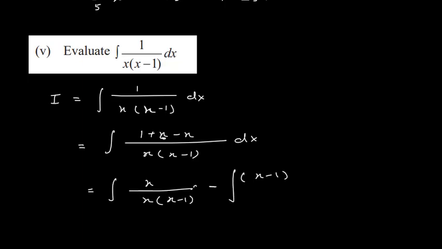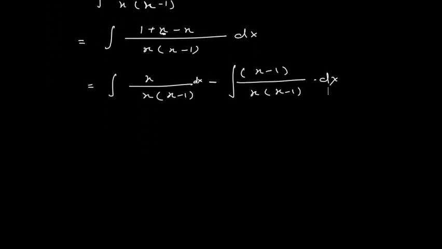So here write dx, x minus 1 upon x into x minus 1 into dx. Okay. Now see, this x and this x you can cancel. So it is integration of 1 upon x minus 1, minus, now this x minus 1 will cancel, so it is 1 upon x dx.